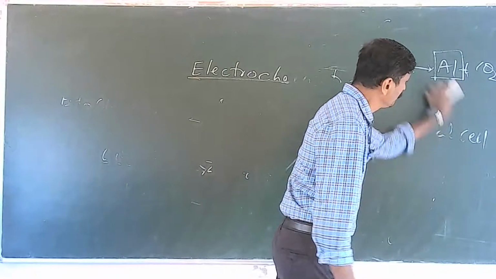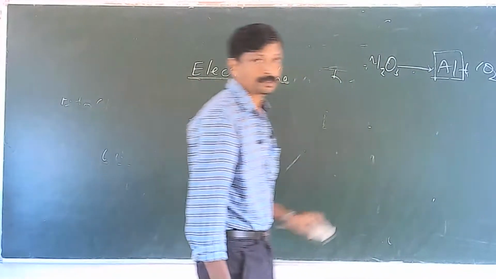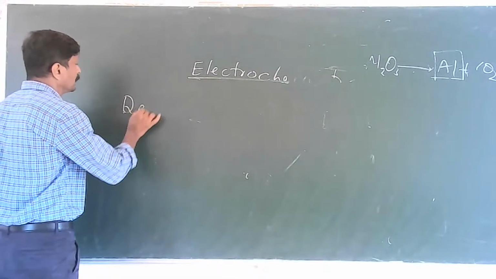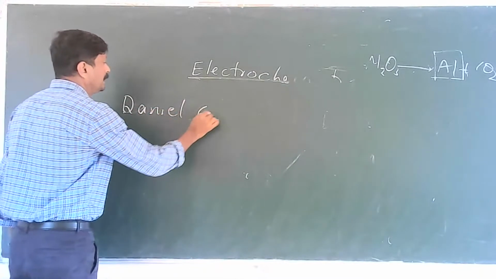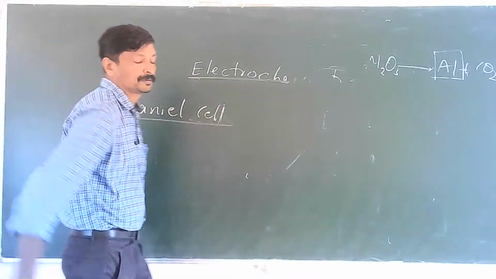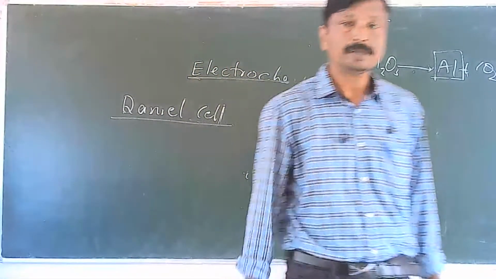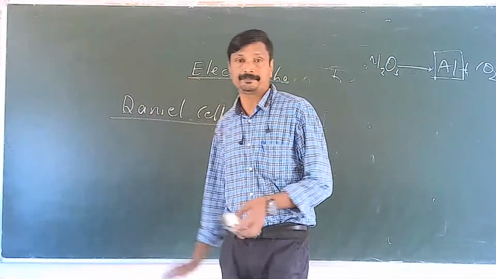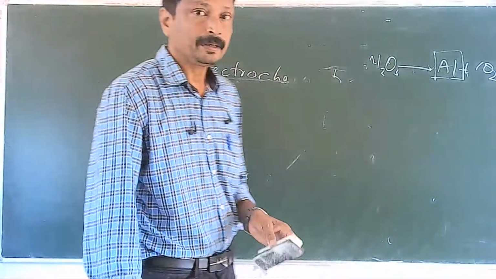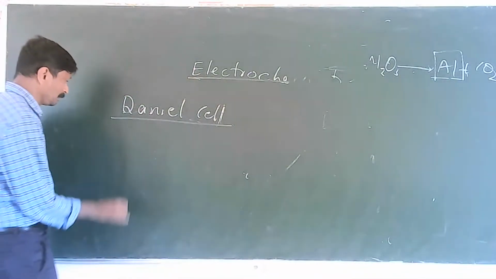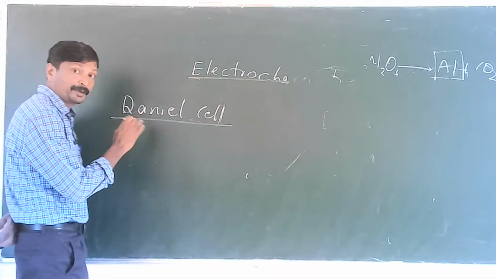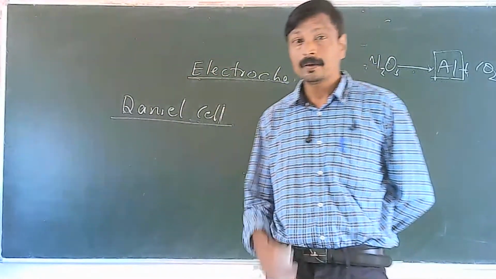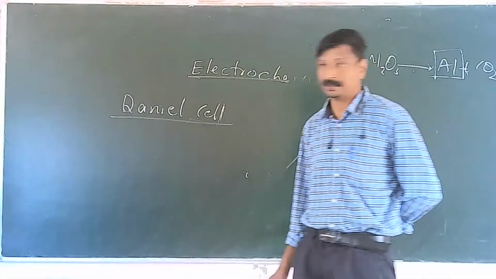Last year you studied the Daniell cell. What is a Daniell cell? It's a galvanic cell. A galvanic cell produces an electrical current using a spontaneous redox reaction.